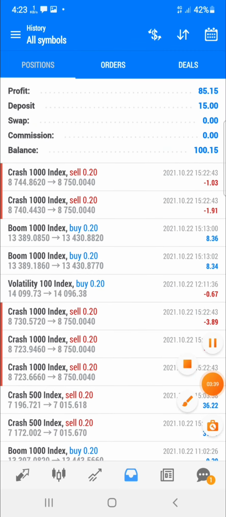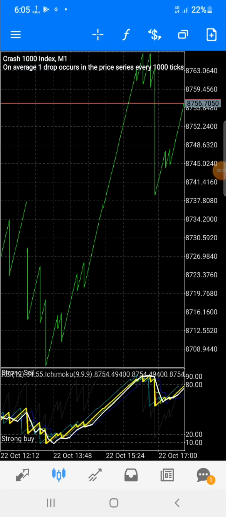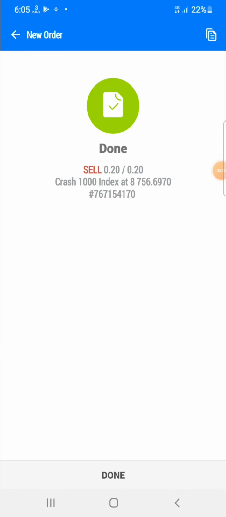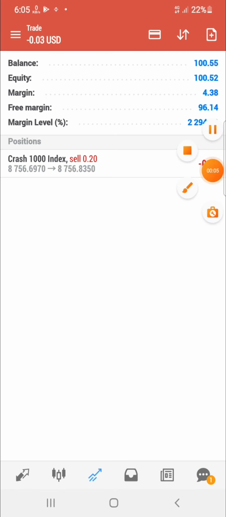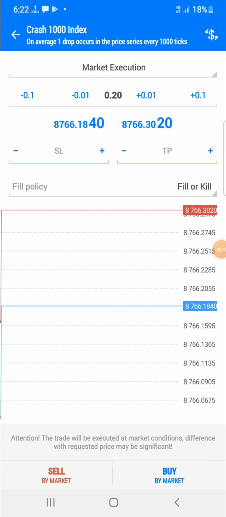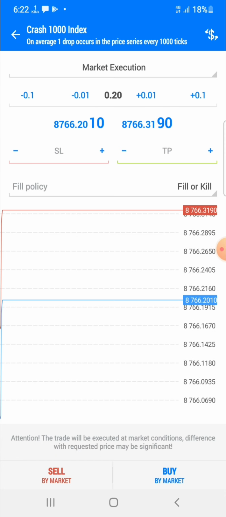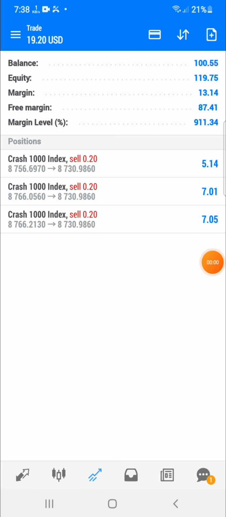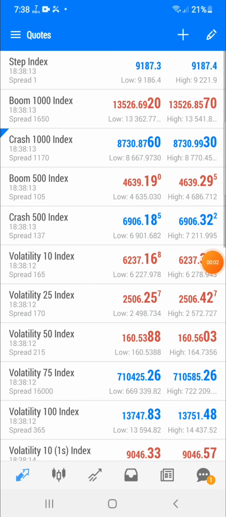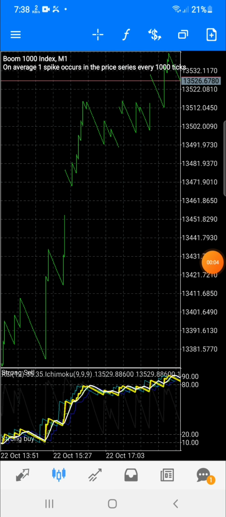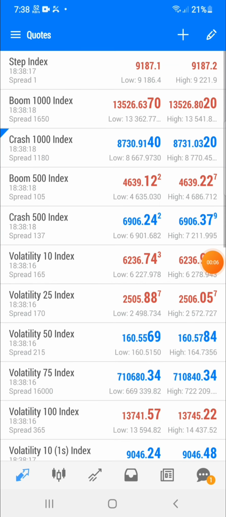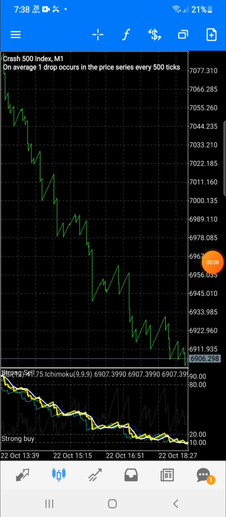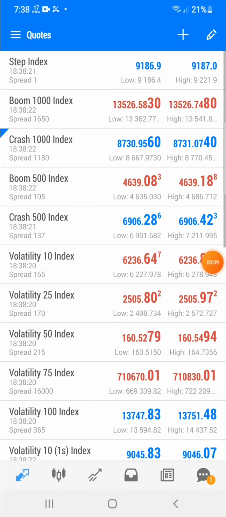And also make sure all the indicators, all the Ichimoku lines, especially the envelopes line, and also the moving averages line, are all touching the 10 and 90 level respectively for your buy and sell, especially the envelope line. So when they all touch, then you can go in for your buy or your sell.